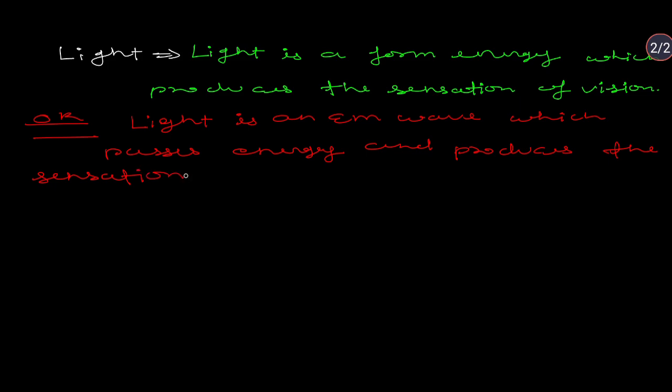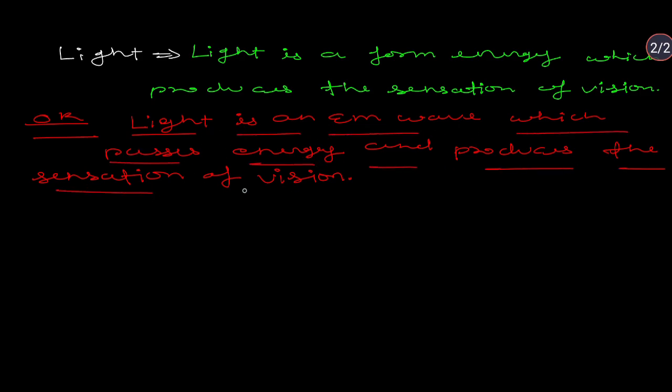So light is defined in two ways. First, light is a form of energy which produces the sensation of vision, and in the other way we write light is an EM wave which passes energy and produces the sensation of vision. In both cases we see through the help of light.